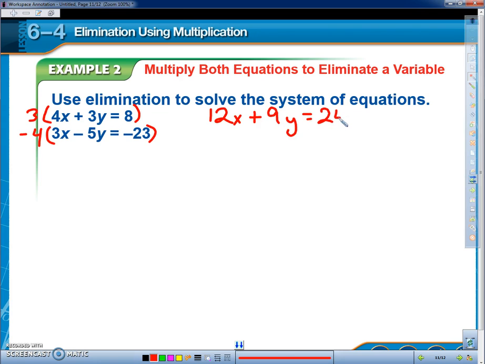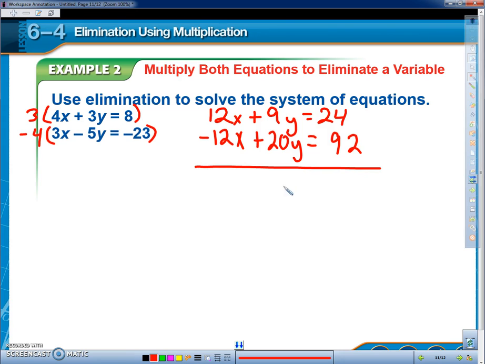equals 24. If I multiply it out on the bottom, negative 4 times 3x would be negative 12x plus 20y equals 4 times 23. 2 carry the 1 would be 92, and it's negative times a negative, so it's a positive.